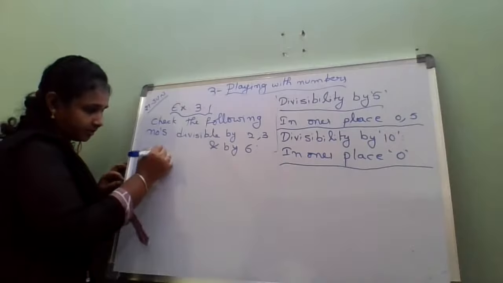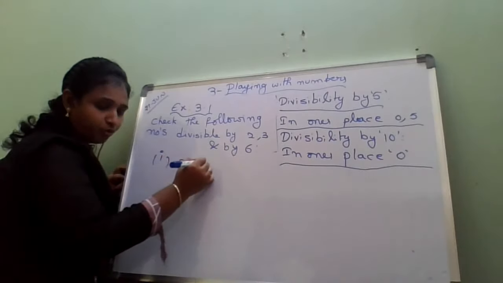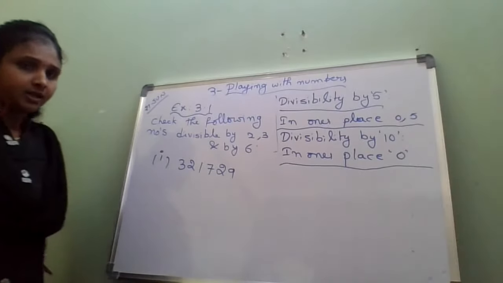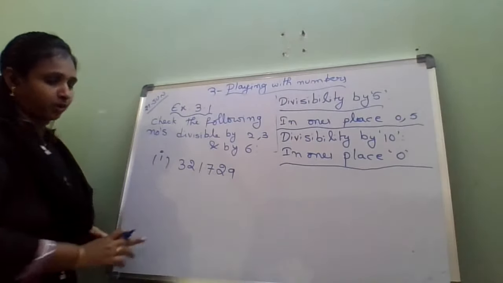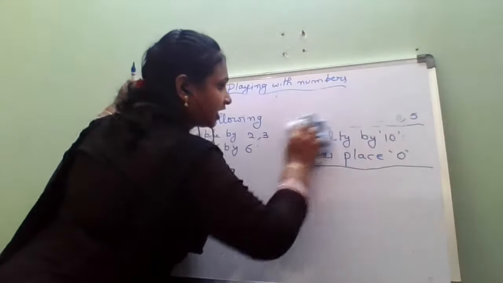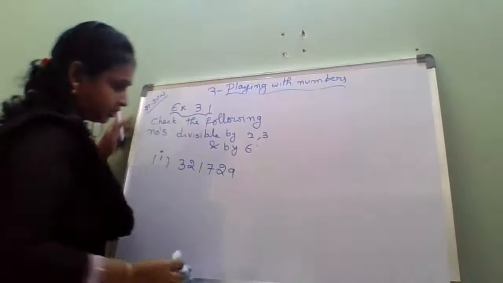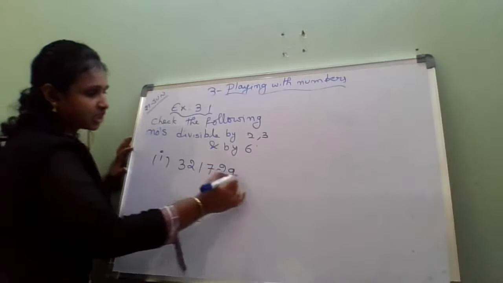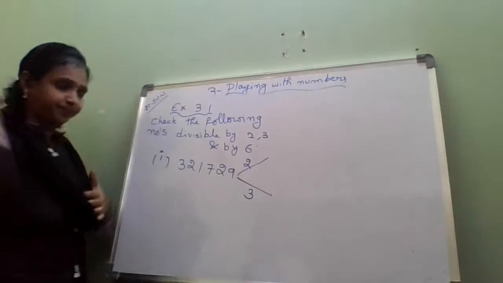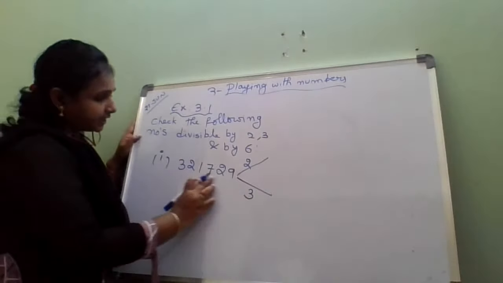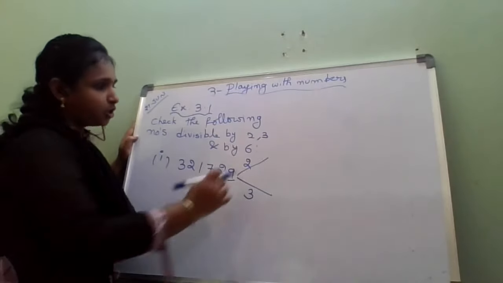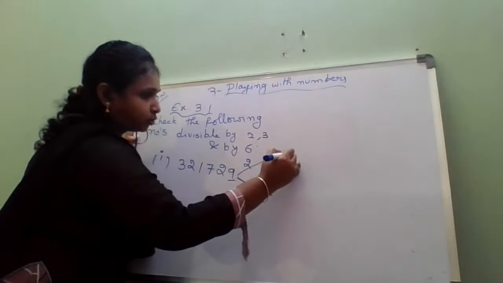So first one, 321729. Now check whether this number is divisible by 2, 3 and 6. First we will check by 2, next by 3. In this the digit in the ones place is 9, so it is not divisible by 2.